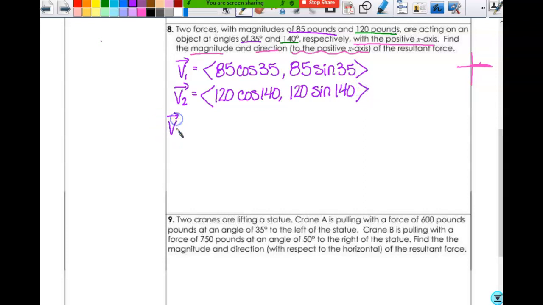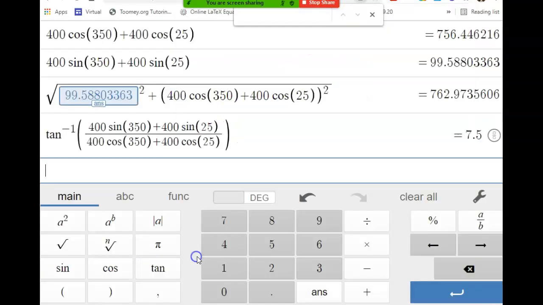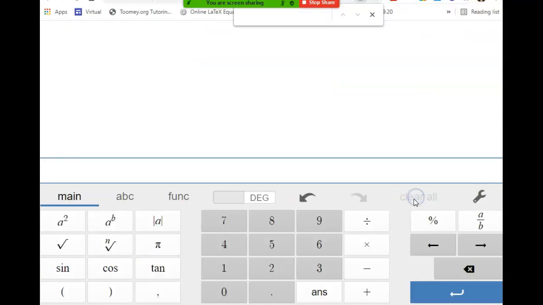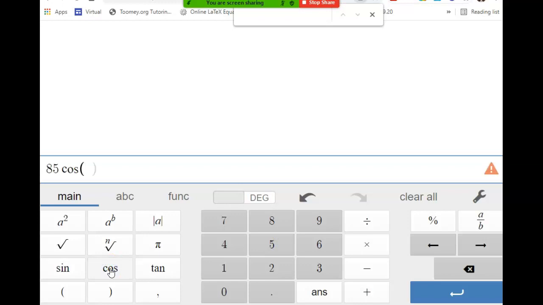So I'm going to add them together. Add my x components, add my y components. On my calculator, I'm going to clear all that mess off. My x components are going to be 85 times the cosine of 35 plus 120 times the cosine of 140.